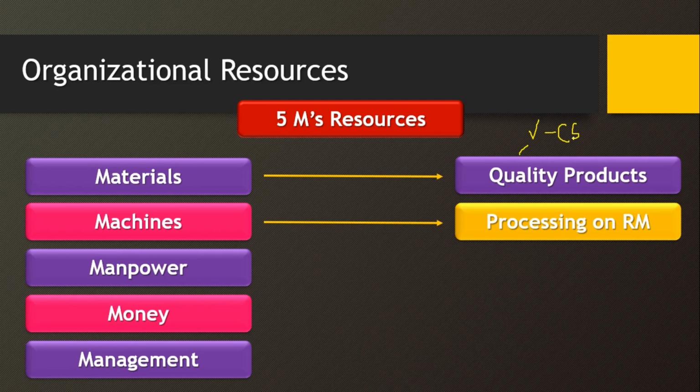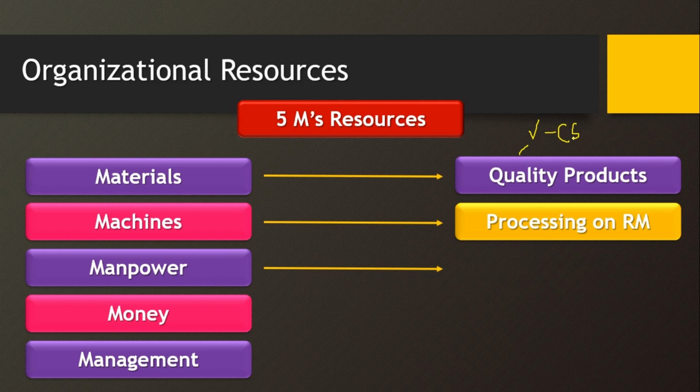Similarly, these machines are equally important because these machines will be processing the raw materials and converting them into quality products. If these machines are well maintained, technologically upgraded, and well repaired, then there will be no stoppage of machines in between, and the machines will continuously produce the product, and there will be a constant supply of quality products to the market.